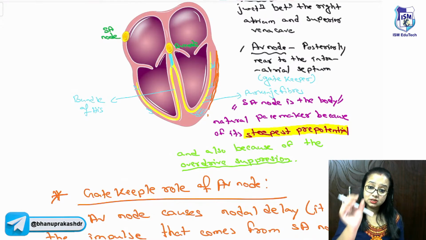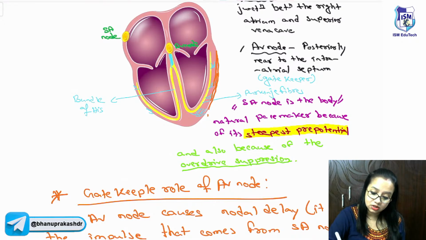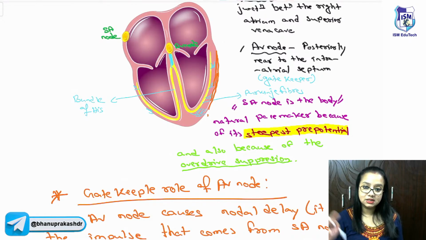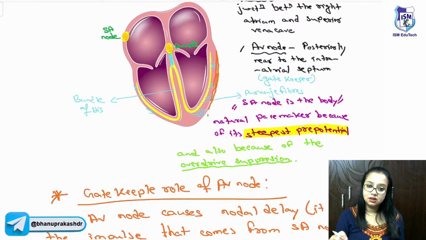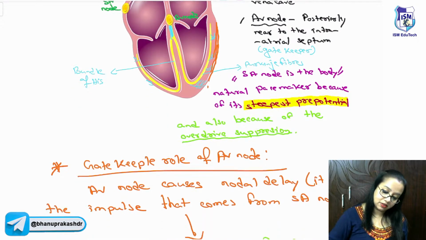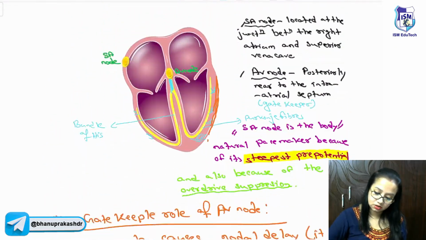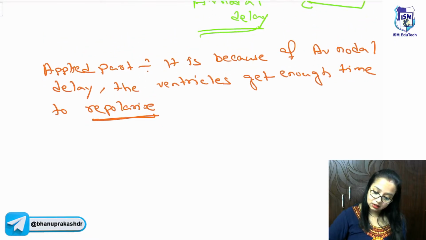Bundle of His is the main structure that originates from the AV node, and from it the left and right divisions split out and form the Purkinje fibers. Understood? So bundle of His is the main bundle from which the Purkinje fibers and the fascicles, that is the bundle branches, are formed. Okay, so the applied part of the AV nodal delay is over.